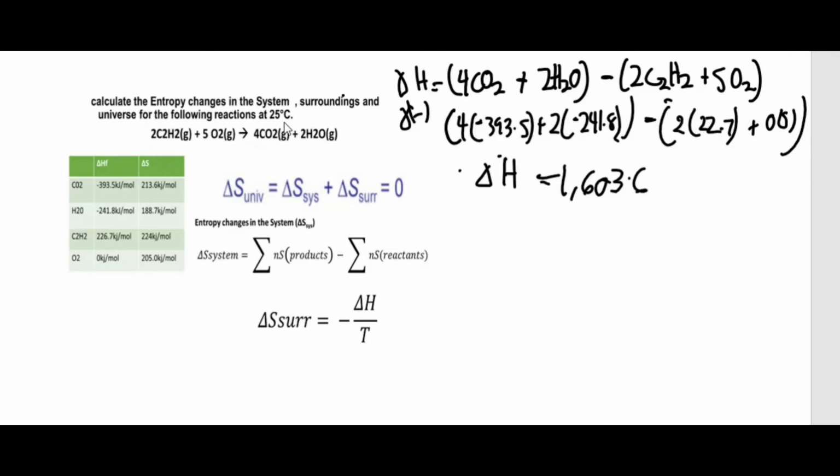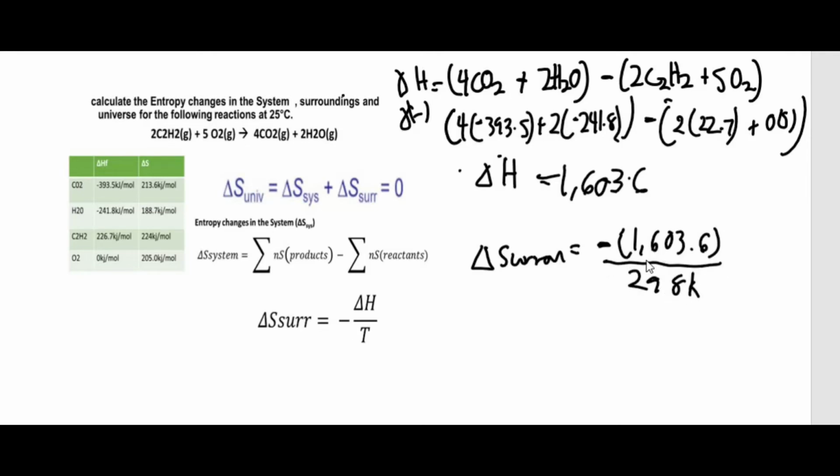So the reaction is in 25 Celsius. So let's convert that to Kelvin. So that's 298. So S around is equal to negative 1603.6 divided by 298.